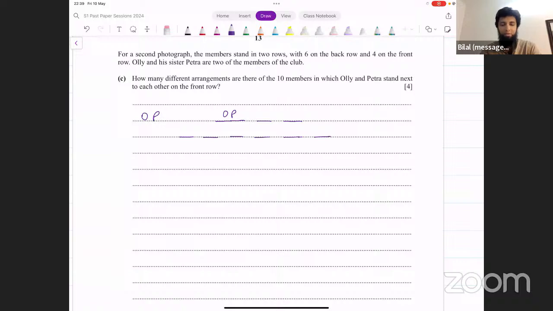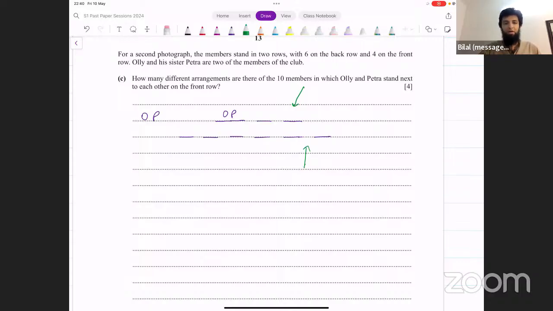Now, how many arrangements are possible of these 10 people? How do we figure this out? We have 10 people in total, right? Now, we also need to decide out of the remaining 8 people, who is going to be there in the front row and who is going to be there in the back row.